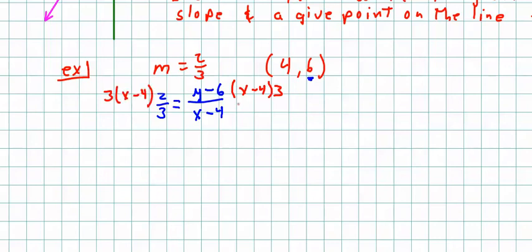Multiply both sides. The x minus 4's cancel. Put this in parentheses. And the 3's cancel. So I'm left with x minus 4 times 2 equals y minus 6 times 3.